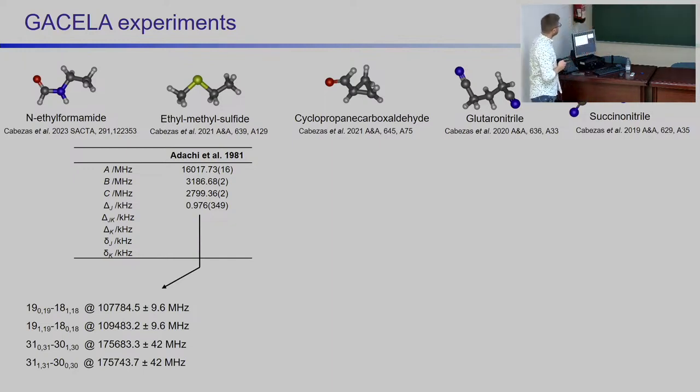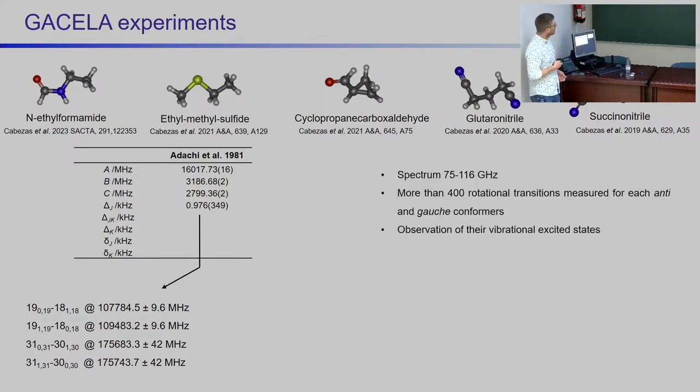These are the frequencies for 4 of the most intense lines in these frequency ranges. But the uncertainties of these predictions are very large, close to 10 megahertz for lines in the 3 millimeter region and more than 40 megahertz for the 2 millimeter region. So that makes it impossible to do an astronomical search because we don't really know where the lines are.